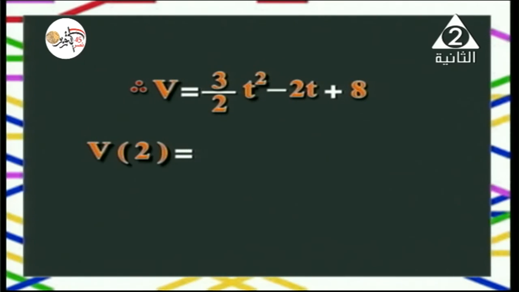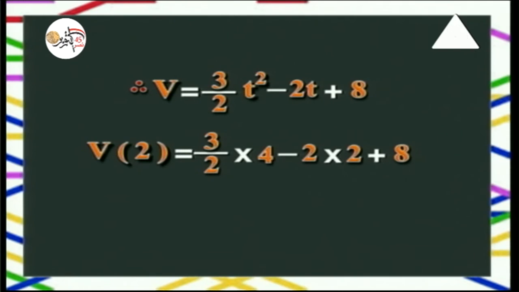At first, we find the velocity when t equals 2. By substitution, t equals 2, therefore v equals 10 meters per second. When t equals 2, the velocity equals 10 meters per second.